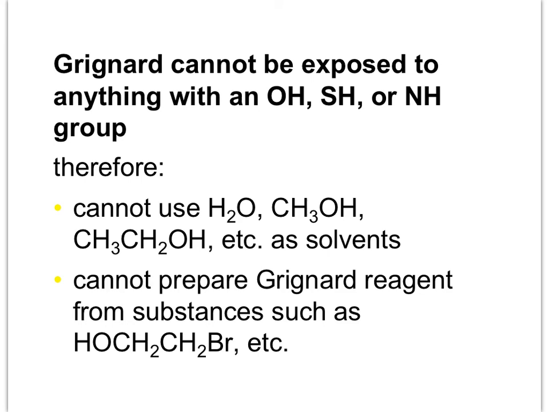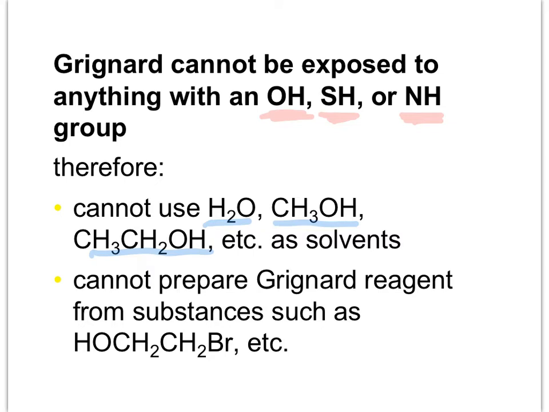Okay? So, reinforcing this again, we can't have anything with a hydroxyl group, a thiol group, or a nitrogen-hydrogen group. No water, no alcohols, right? None of those kinds of things can be used as solvents.